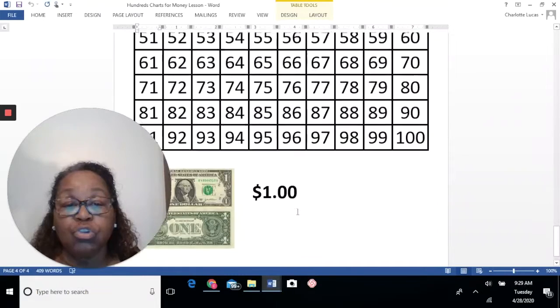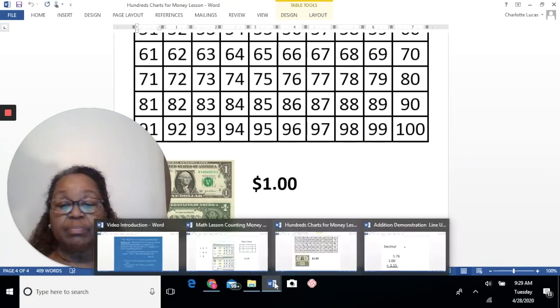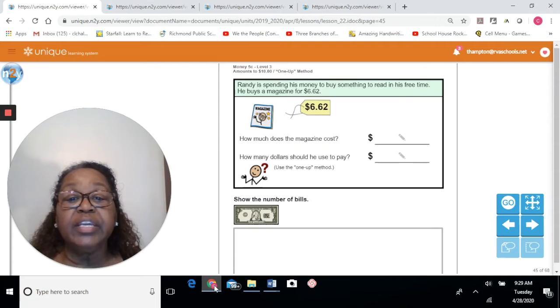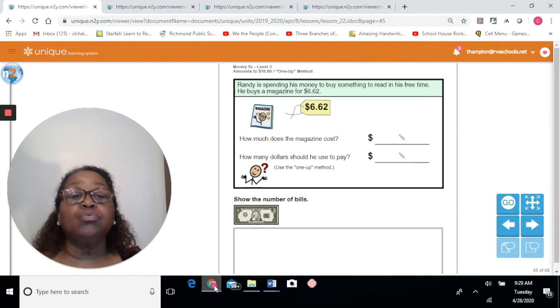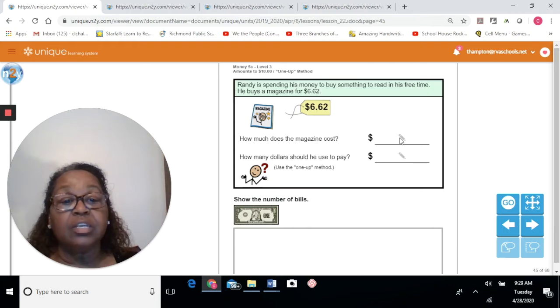We use the hundreds chart. That just helps us remember what the dollar represents. Okay. Let's see. Randy is spending his money to buy something to read in his free time. He buys a magazine for $6.62. So the question is, how much does the magazine cost?